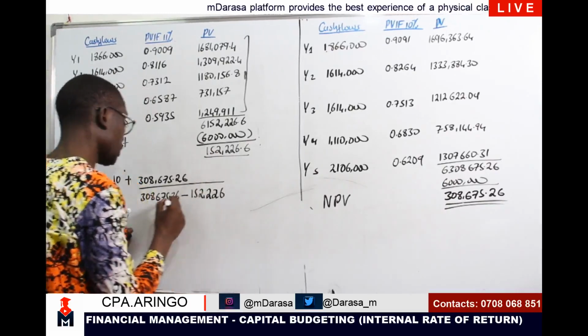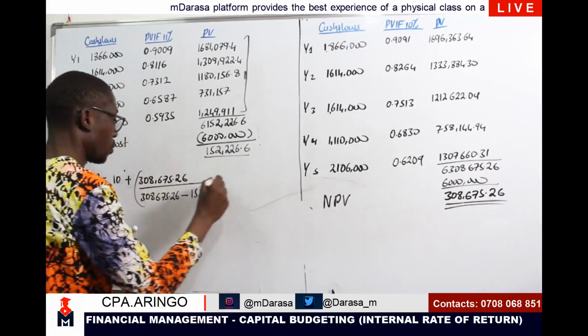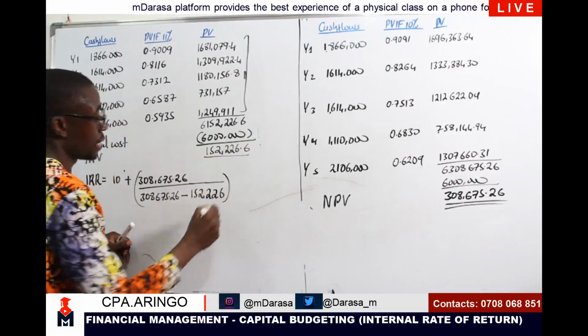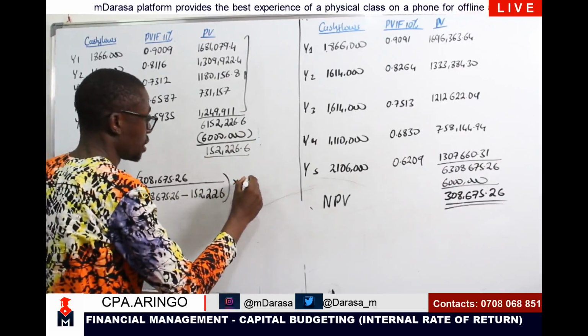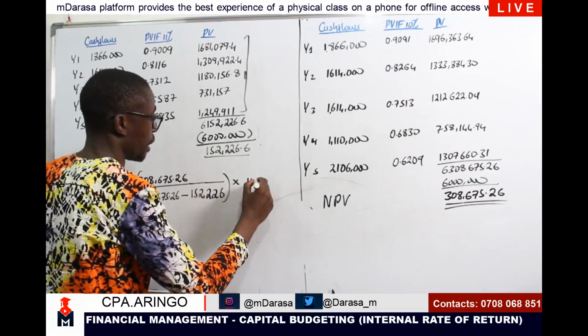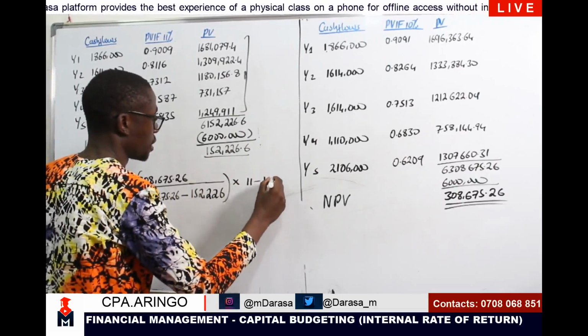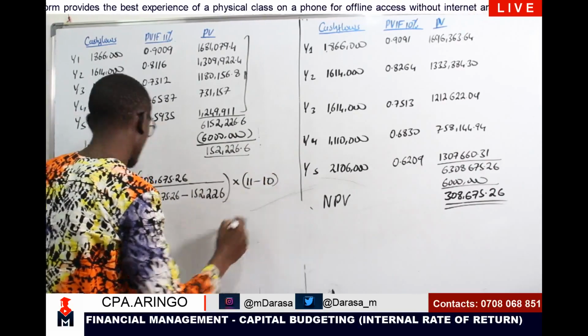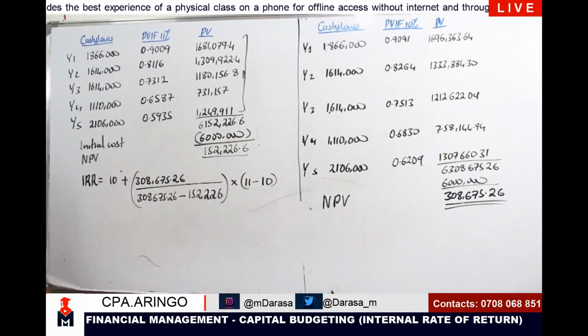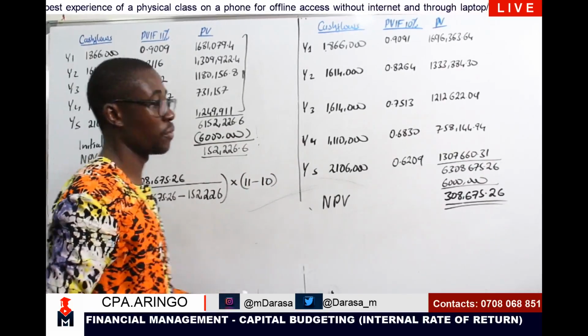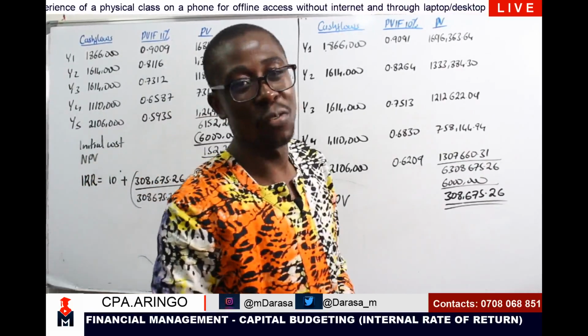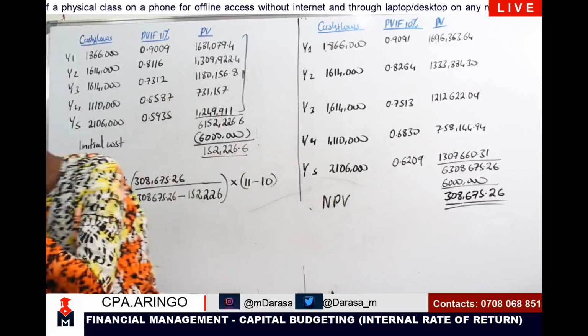All of this we are going to multiply by the higher rate, which is 11%, minus the lower rate, which is 10%. So what will we be having here as our value, my good students, if you work it out?